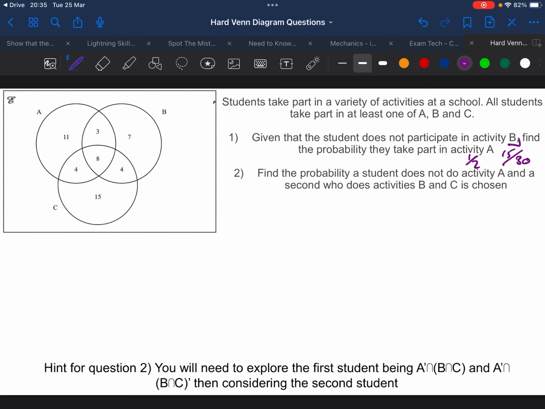So, a student who does not do activity A is chosen. Let's do that bit first. So who doesn't do activity A? Well, it's those ones there. All of these people here do not do activity A. So that is 11 plus the 15. So that's 26, isn't it?